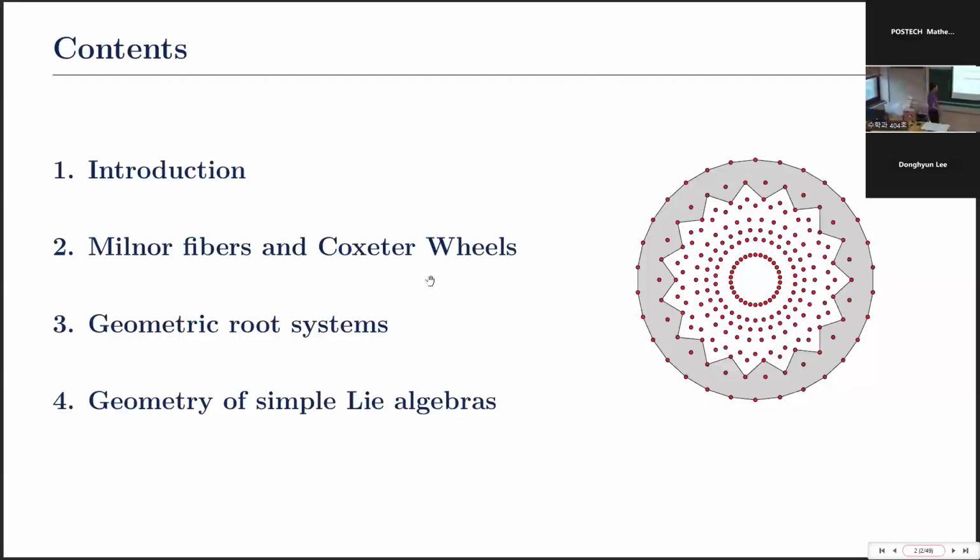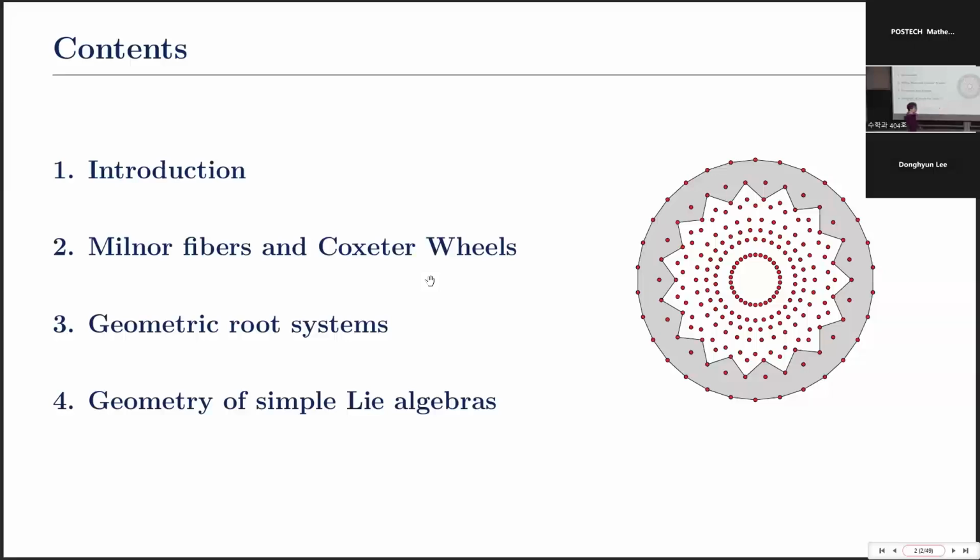And the third part is geometric root systems. These root systems are one of the most fundamental notions in Lie algebra theory, and we define what is called a geometric root system. This will be just these diagonals in this field.